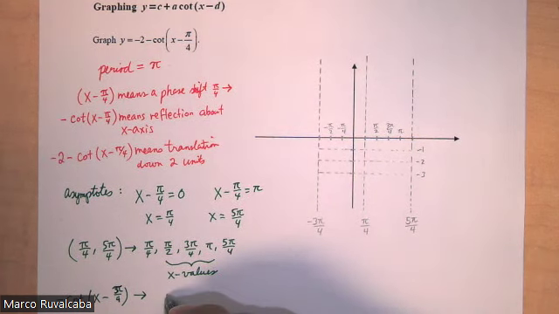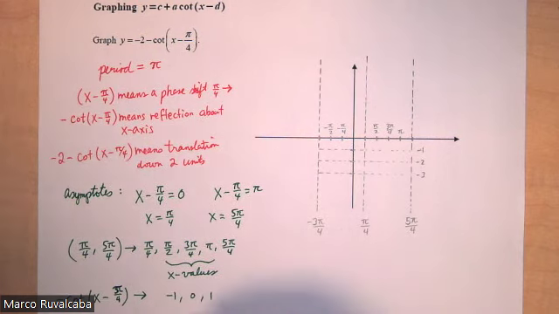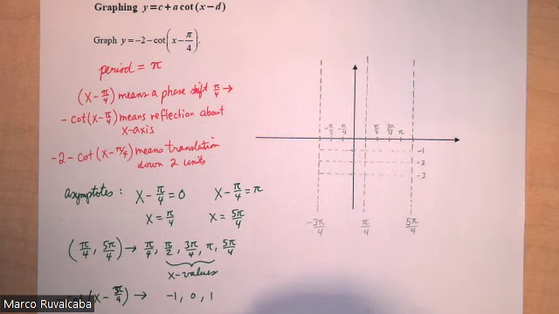So that would be -1, 0, 1. And then when I add a -2 to that, that'll give me -3, -2, and -1. And those are my y values for my graph.